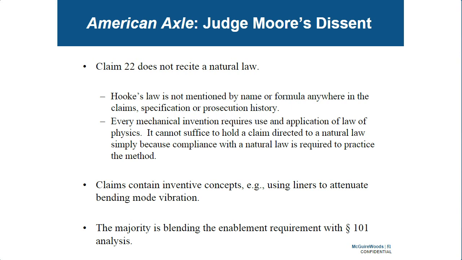Basically, everything under the sun requires some sort of natural law. A method of treatment requires natural law, right? Any invention that you can think of operates under the physical laws of our universe, which is natural law. And that is what Judge Moore is saying. And if you're going to hold Claim 22 to being eligible, what's going to happen in the future?